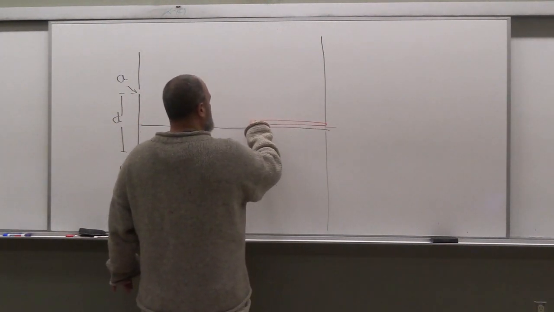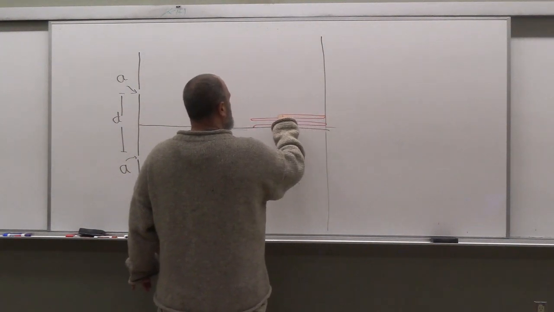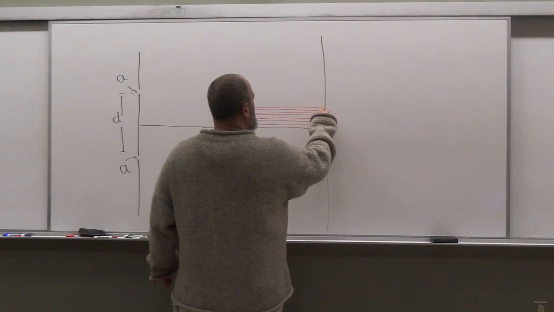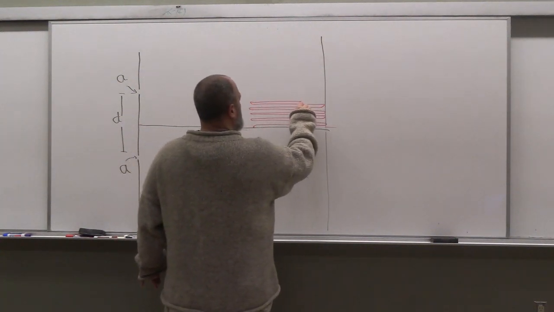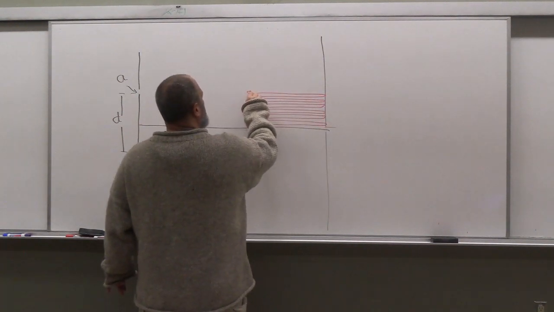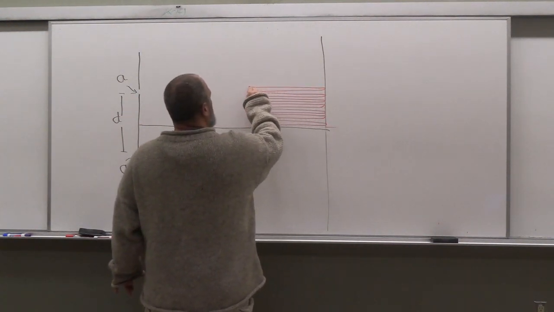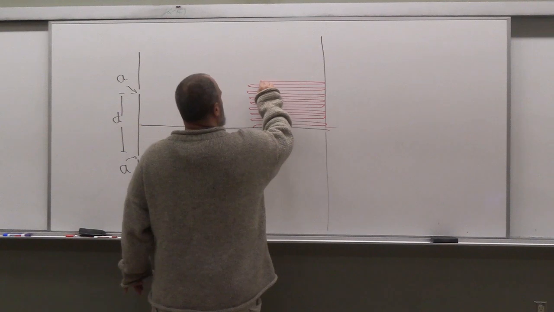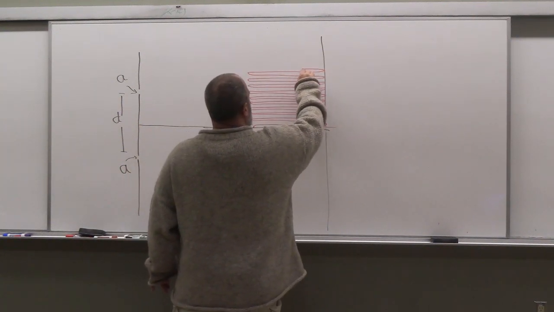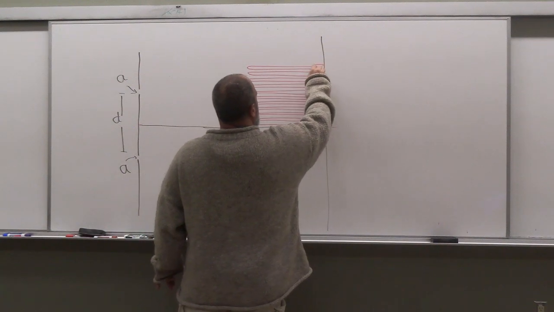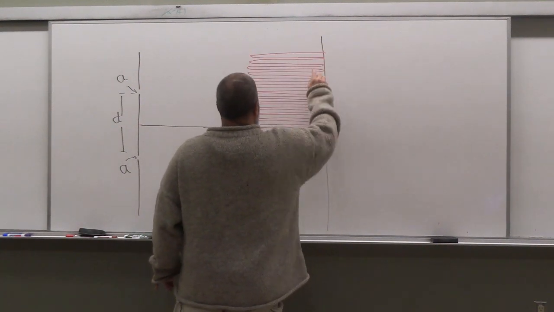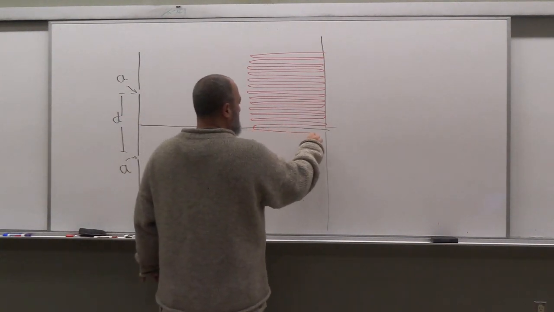All these fringes, whose positions are determined by d sine theta equal to m lambda, are going to be the same width and the same height, and going to look like this. On the other side we have the same thing.